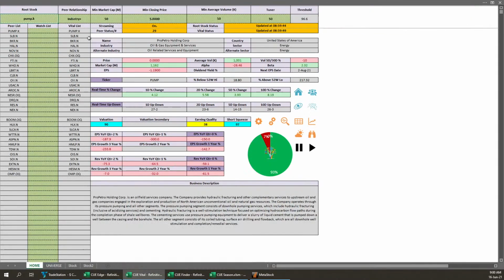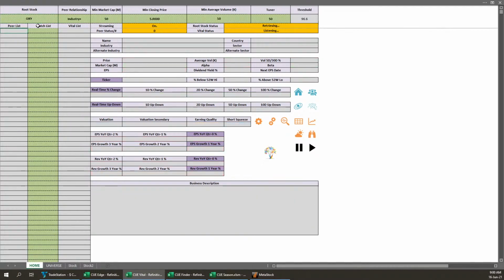Anyway, this industry is very strong. And if we check again, let's check OXY. See, I type the ticker symbol. It is retrieving data and it will calculate the scorecard for the home page quite fast. Unless it doesn't want to cooperate with me.